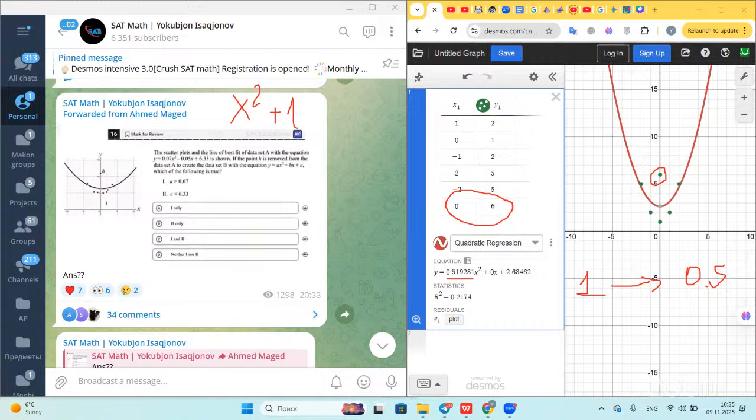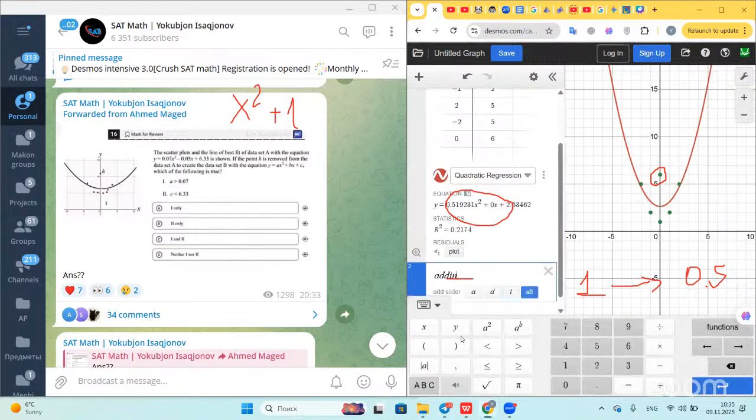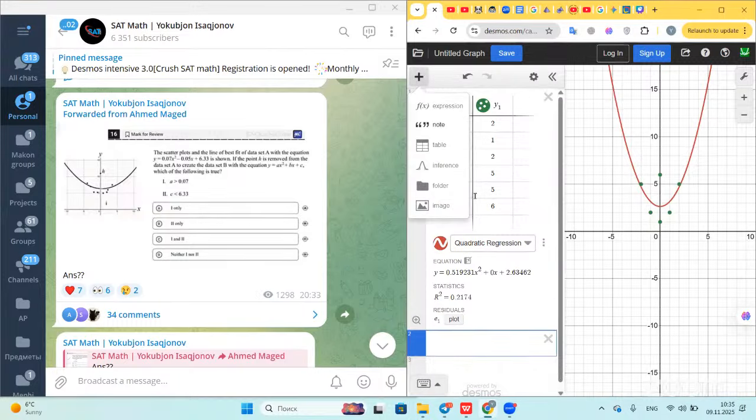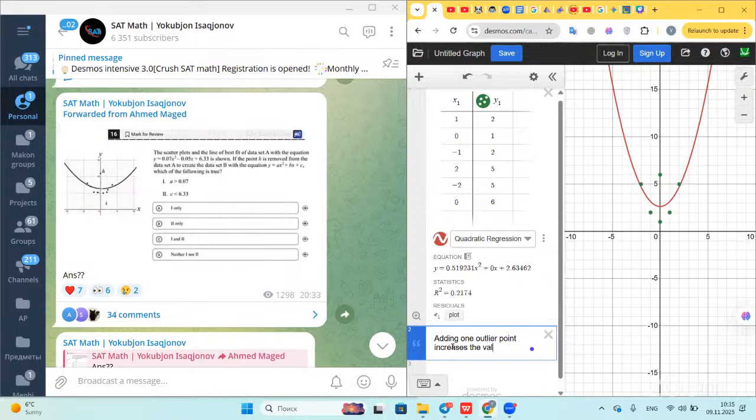This is the logic. Okay, I will write here for clarity. Guys, you should also learn how to do this kind of experiment. Note, adding one outlier point increases the value of a.